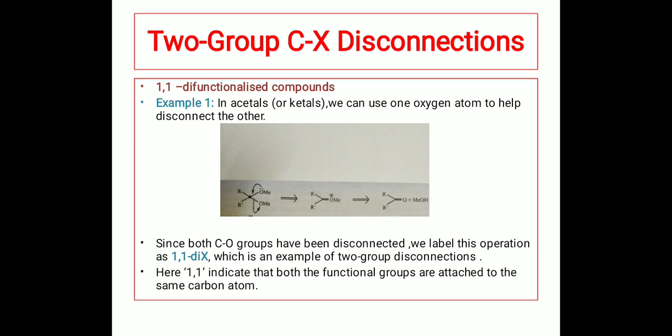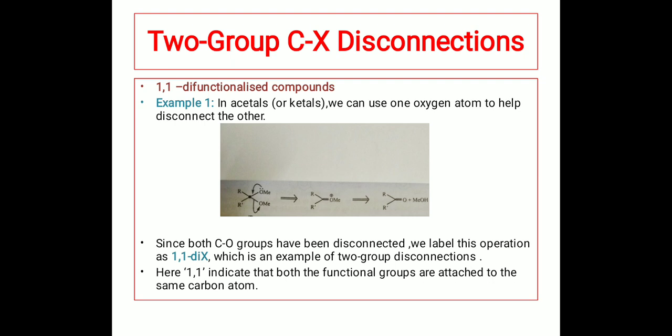So whenever you come across this kind of disconnection wherein a central carbon atom or a single carbon atom is attached to two functional groups, then this definitely is an example of two group CX disconnection. Now why do we call this 1,1? We can see that the dotted carbon which I have labeled here is connected to two functional groups.